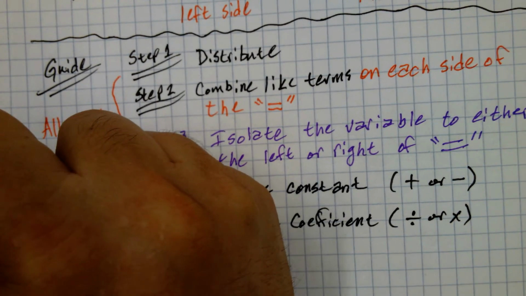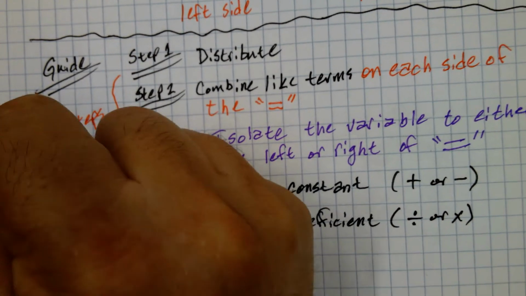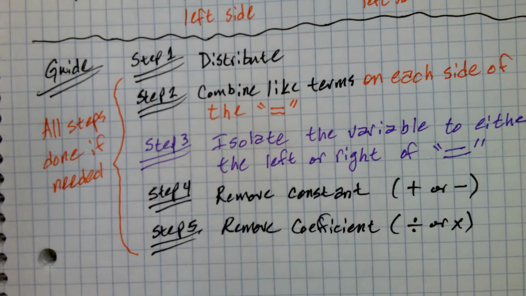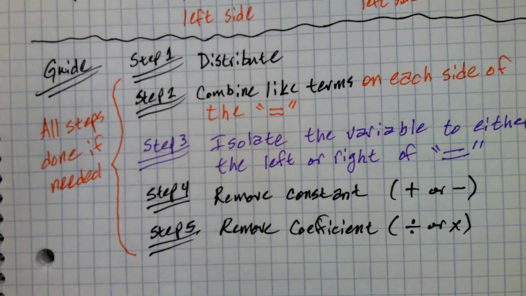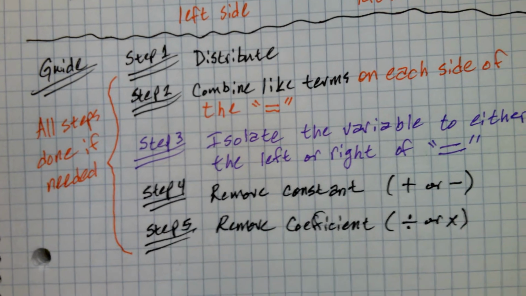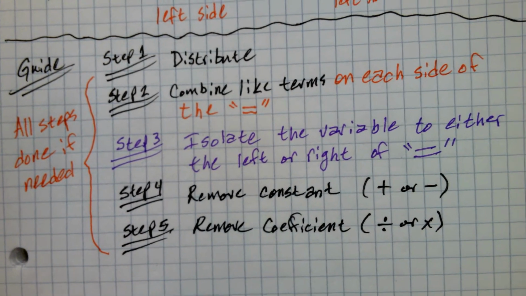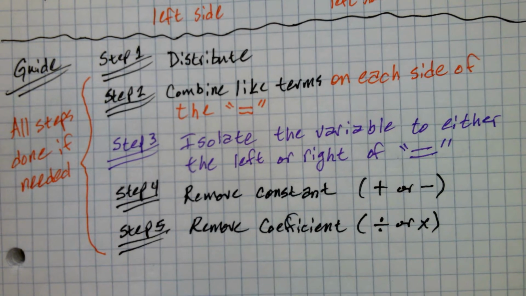We're not always going to do all of them. It's just going to depend on the equation we have in front of us. So all steps are done as needed. Okay, I'll give you a minute to write that down.